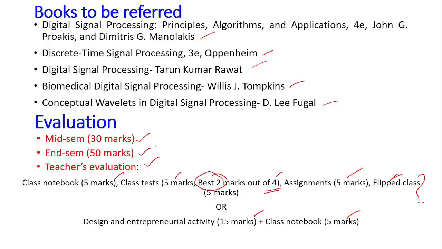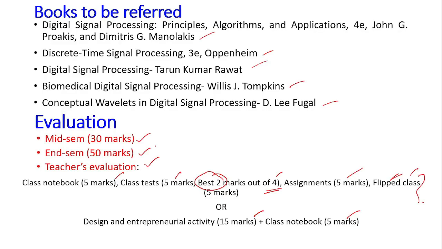Okay, you have to develop a working model, and based on that working model, you will get the design and entrepreneurial activity marks, 15 marks. So you can choose either one. So this is it from my side as of now.